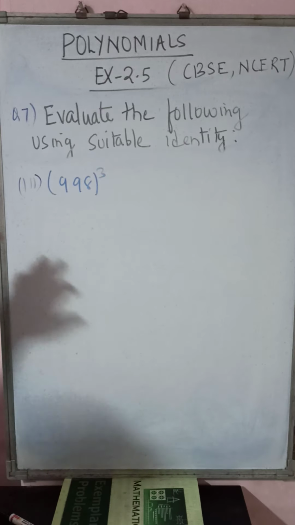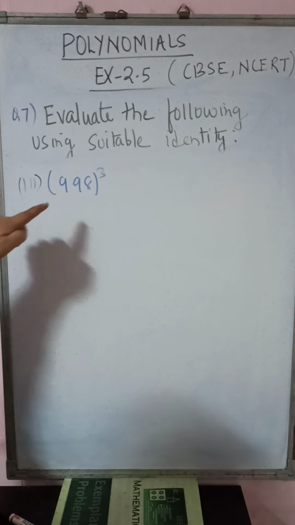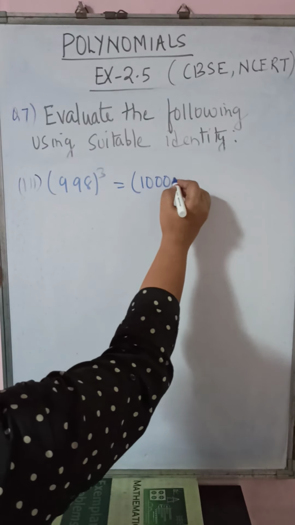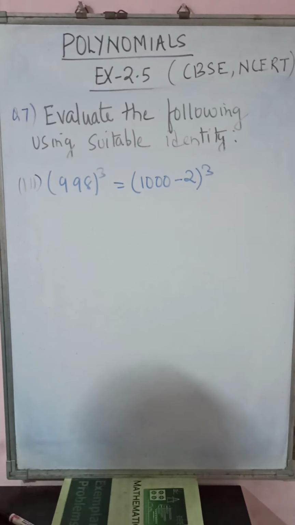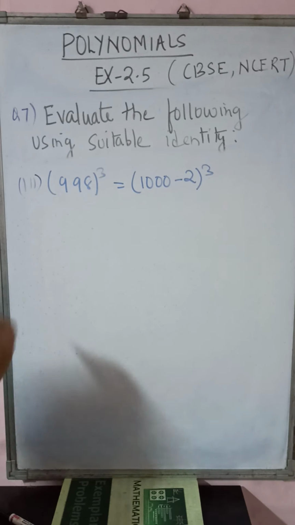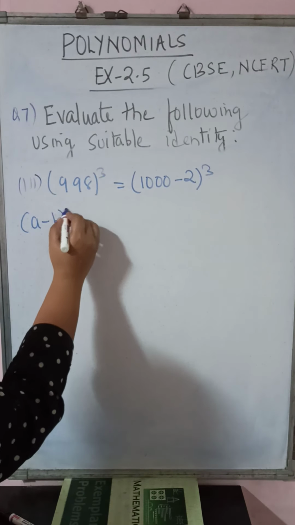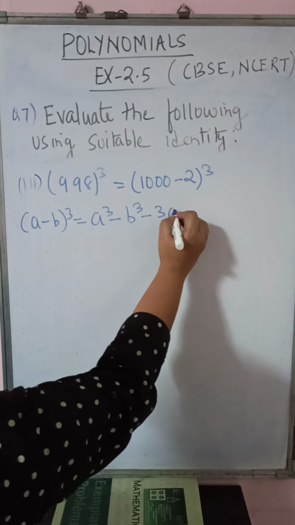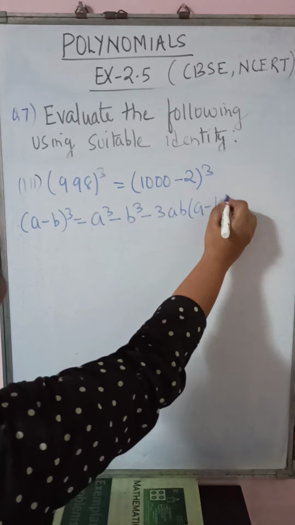Question number 7, third part. 998 whole cube can be written as (1000 minus 2) whole cube. So I have converted it in the form of (a minus b) whole cube. Now (a minus b) whole cube is a cube minus b cube minus 3ab into (a minus b).